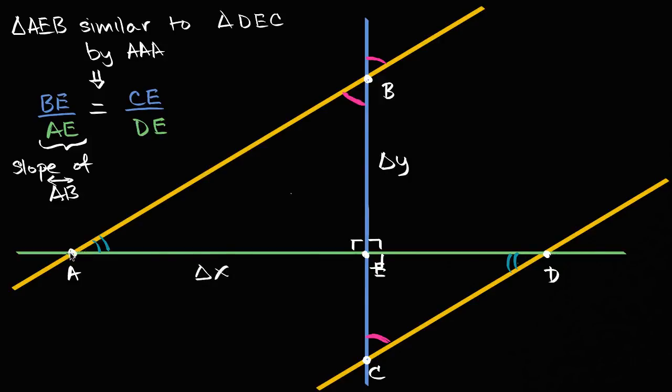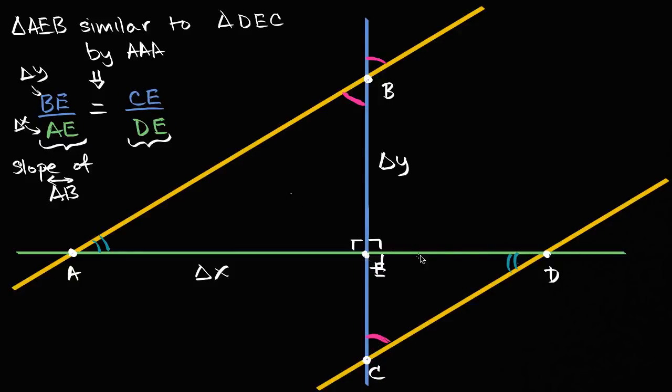So when you're going from A to B, your change in x is AE, and your change in y is BE, or EB, however you want to refer to it. So this right over here is change in y, and this over here is change in x. Well, now let's look at this second expression right over here, CE over DE.